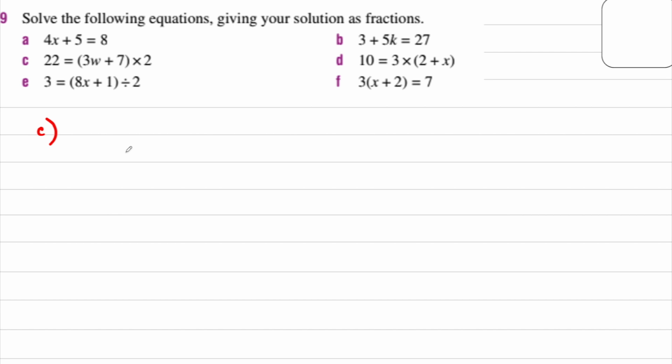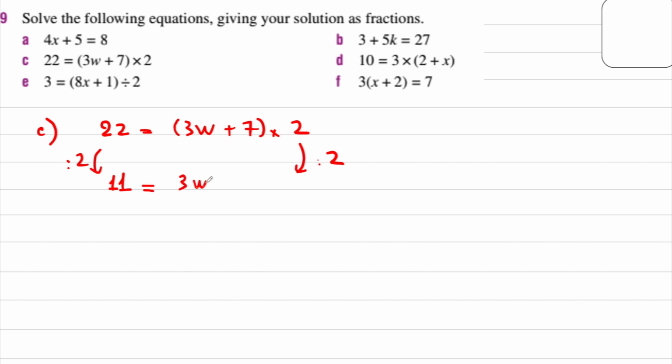Two sides of this equation, on the left must be 2 times w plus 7. The first operation I need to apply is divide by 2, because after dividing both sides by 2, you will have 11 here, but on the right-hand side only 3w plus 7, inside the bracket or not, it doesn't matter.